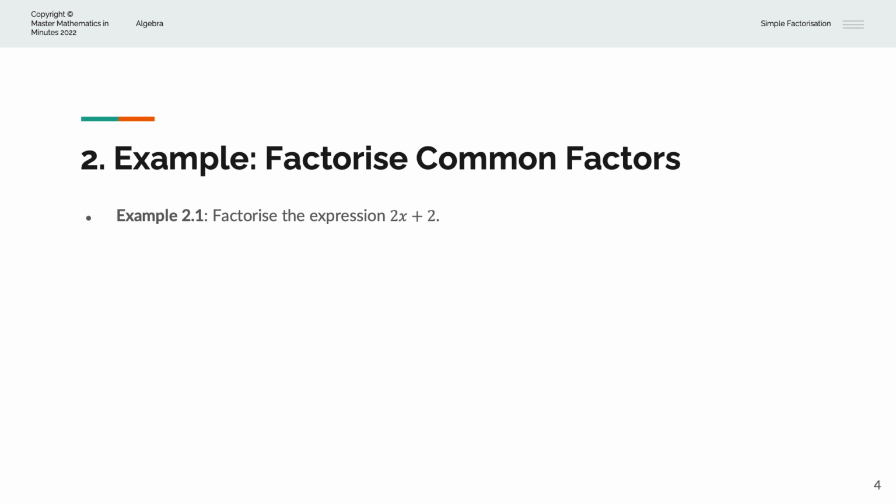In the first example, we're asked to factorize the expression 2x plus 2. We can rewrite 2x plus 2 as 2x plus 2 multiplied by 1. Notice that 2 is the highest common factor across these two terms, and we can factorize 2 and place it outside the brackets, with x plus 1 inside the brackets.